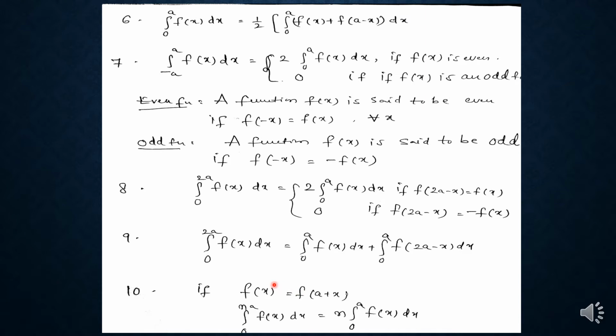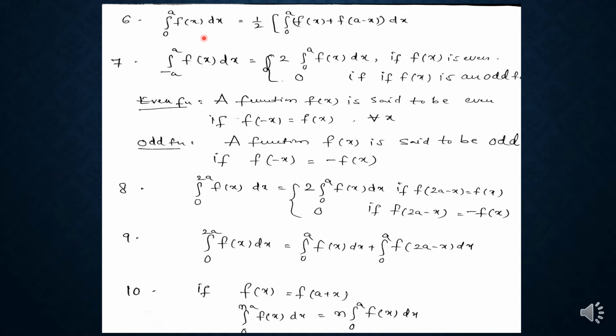Now coming to the sixth property, integral 0 to a f of x dx can be written as half into integral 0 to a of f of x plus f of a minus x dx. In the fifth property we have integral 0 to a f of x dx equal to integral 0 to a f of a minus x dx.